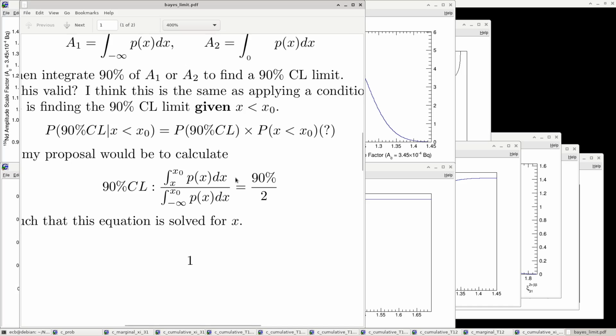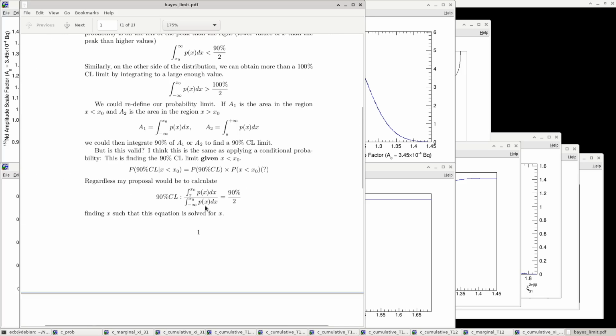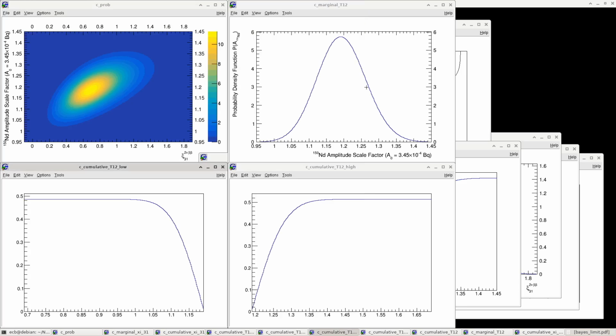So we would go to a value of x that solves this equation. And similarly, we could do it for the positive side as well, where we had from x0 to infinity. So that's the end of the question, really.